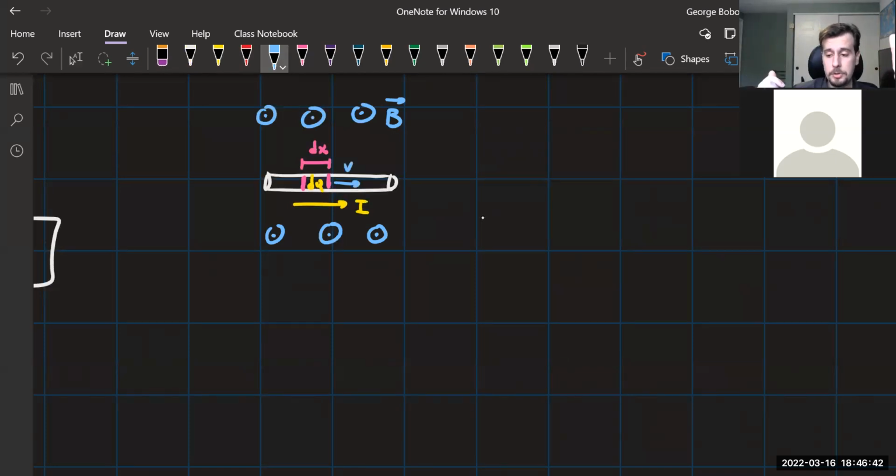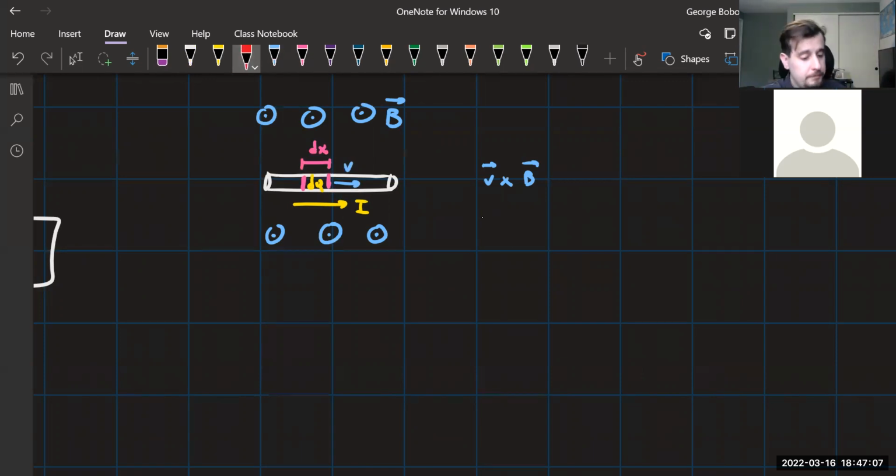Look at how this dq is moving. It's moving to the right. So put your thumb, because we have to do V crossed with B if you remember. We put our thumb along V, and we put our index finger along B, which is pointing toward our face. So the force should be pointing down for you when you do this.